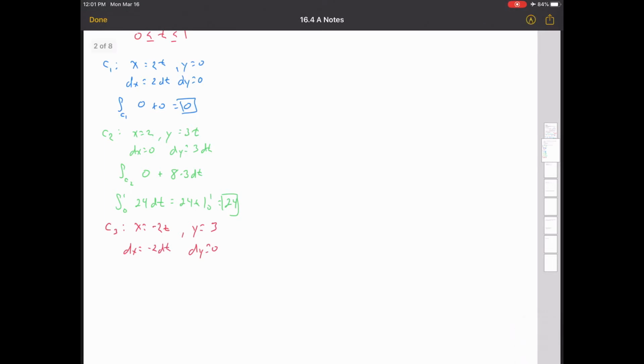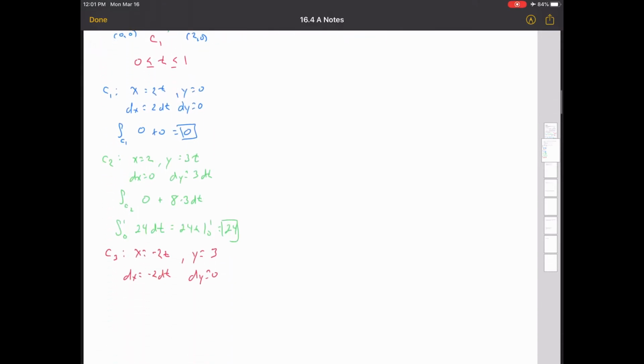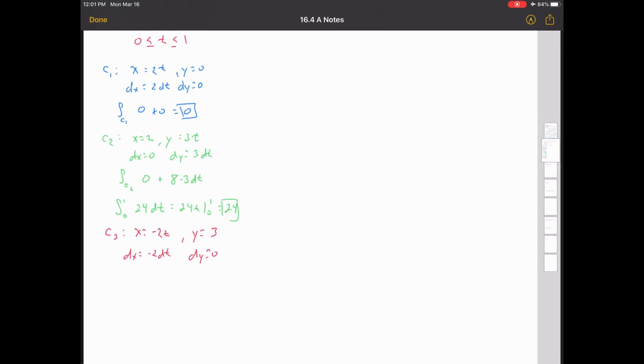So going back to the integral, we have xy squared dx. That's actually going to give us something there. So we'll have the integral from 0 to 1 of xy squared. So y squared is 9 times x is going to be negative 18t, times another negative 2 dt.